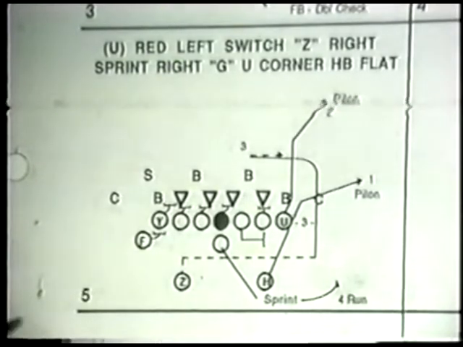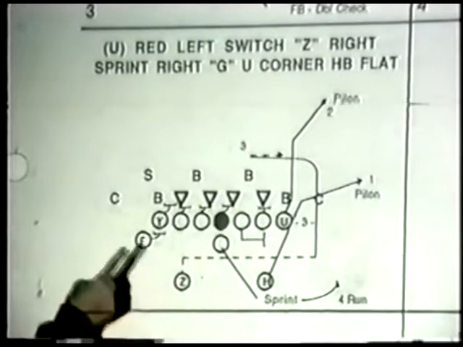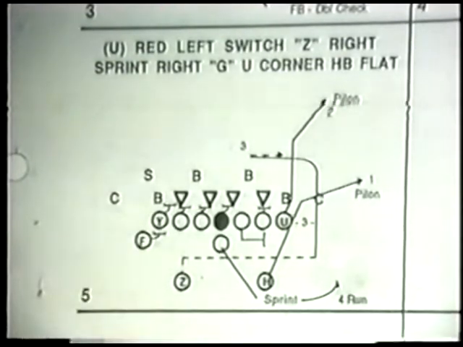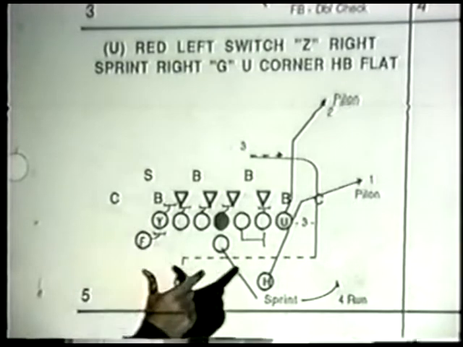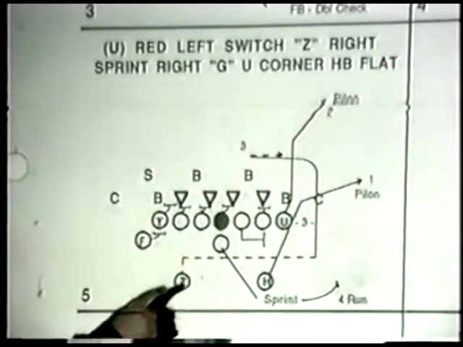Now, look at formation. Red, left, switch. That means these two people switch positions. Red, left, switch, Z right. When the receiver's in the backfield, we say Z right or X left, okay, rather than F, because you're not a flanker. When you're out of the backfield, we'll say Z, okay, that tells you you're in the backfield.